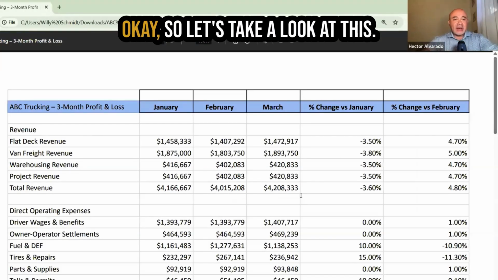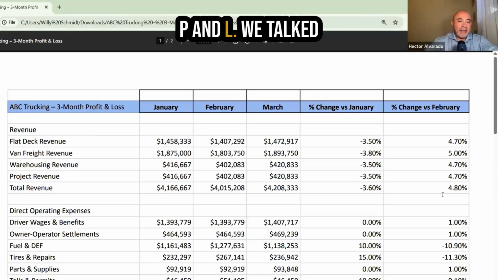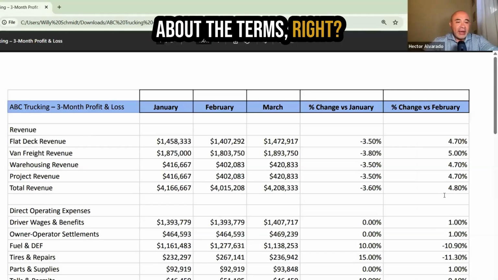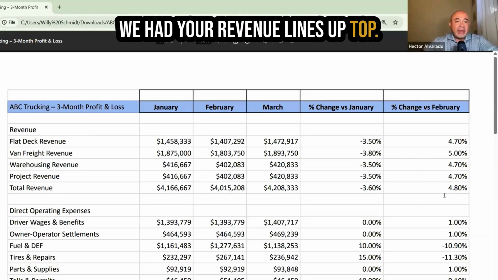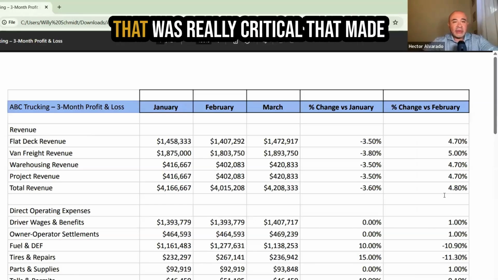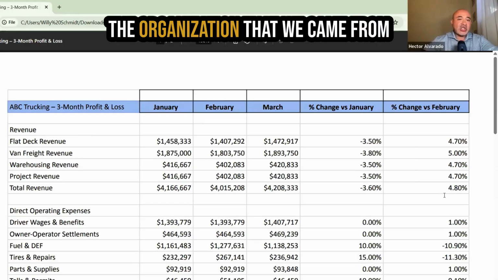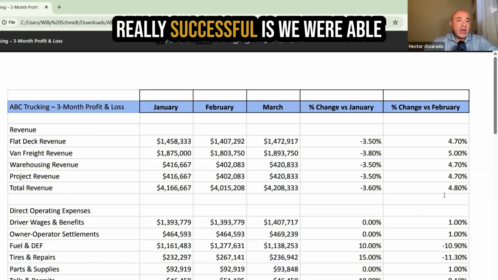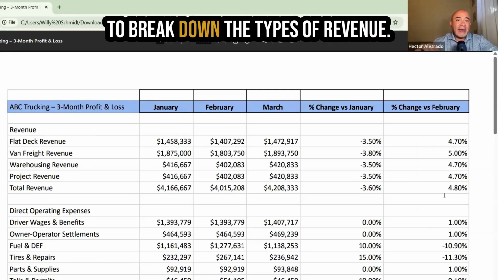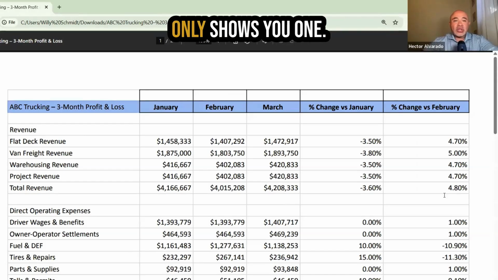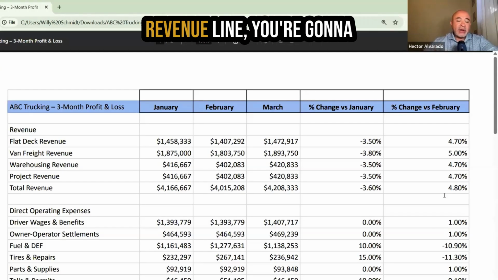Awesome. Okay, so let's take a look at this P&L. We talked about the terms, right? We had your revenue lines up top. Now, Willie talked about something that was really critical that made the organization that we came from really successful: we were able to break down the types of revenue. So if your organization only shows you one revenue line, you're going to want to see the breakdown.